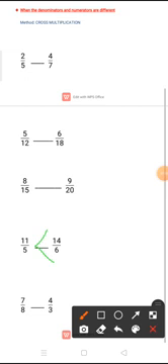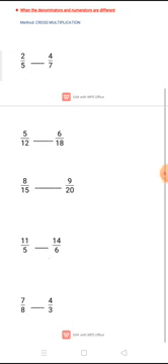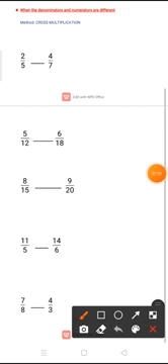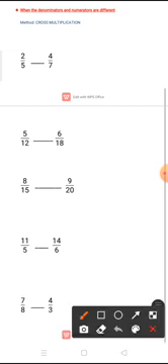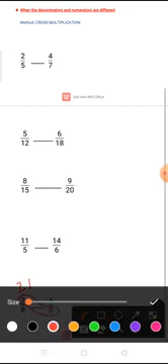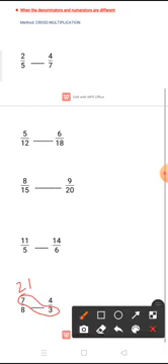Now come to the next sum, the last sum. 7/8 and 4/3. Again you can see denominators and numerators are different, so cross multiplication we will use. The first fraction's numerator is to be multiplied with the second fraction's denominator. 7 threes are 21, and the second fraction's numerator is to be multiplied with the first fraction's denominator. 8 fours are 32.